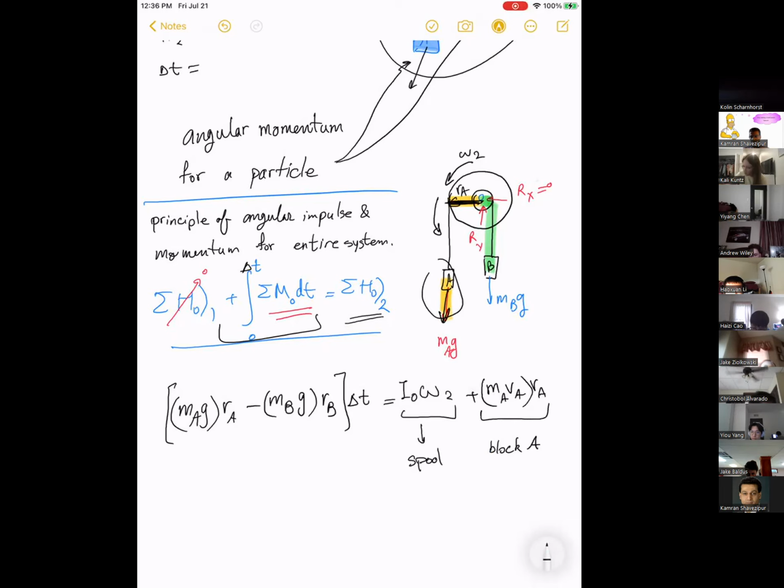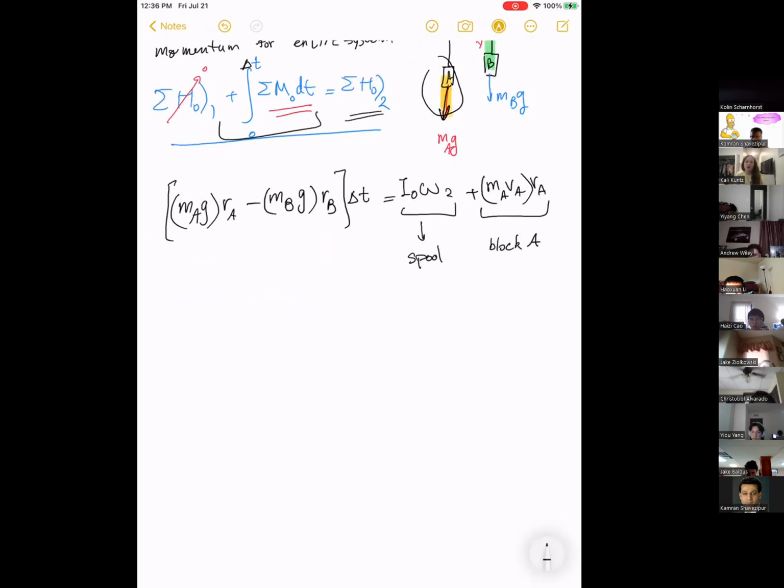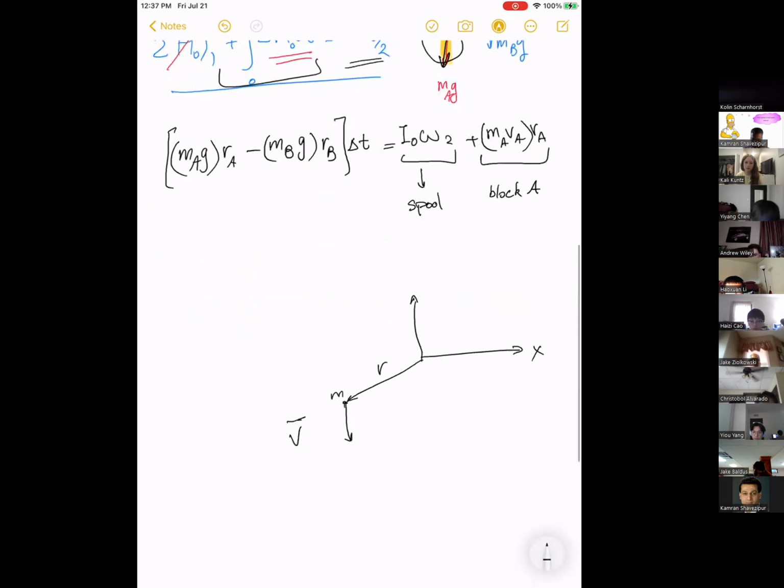Do you guys follow? This is technically, look at here for a second. Forget about the spool. You remember we had X and Y? And it says if a particle has velocity of V, the moment H about O is going to be R cross MV.